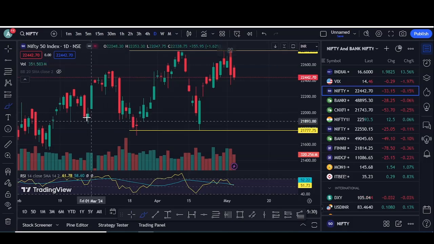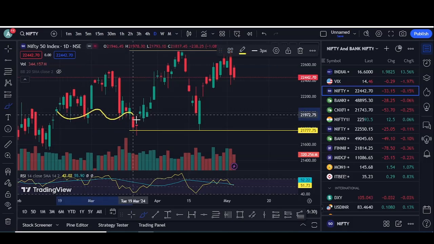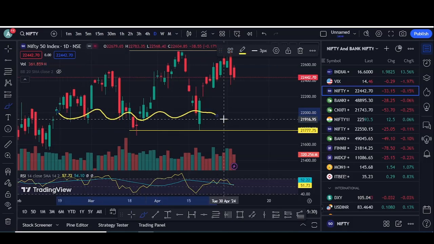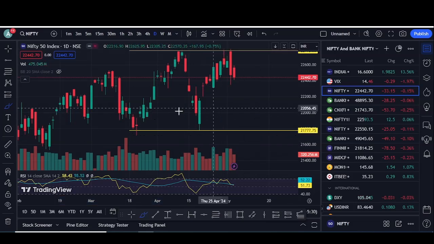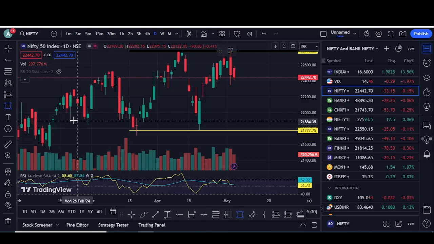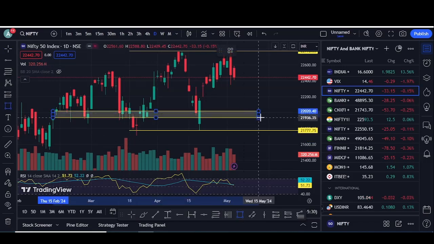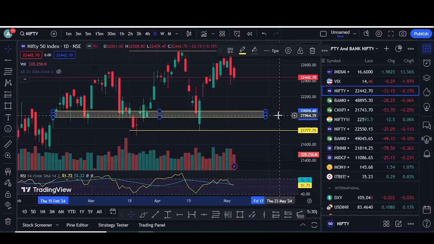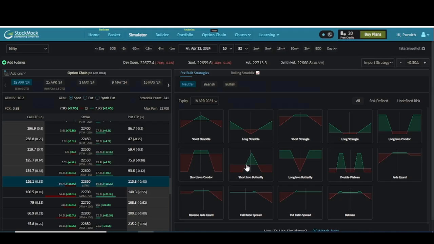We can observe there is a price action zone. Even the nearest round number, 22,000, you can observe. At that level I'm going to create a butterfly. This particular zone we used to call the 22,000 zone. At that level I'm going to create the butterfly.